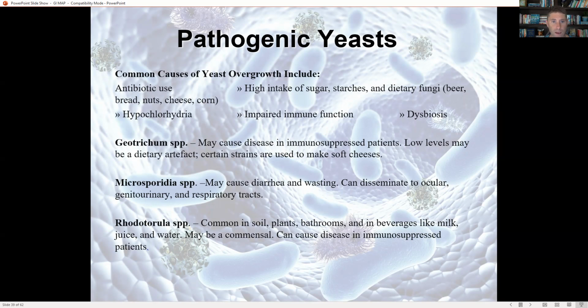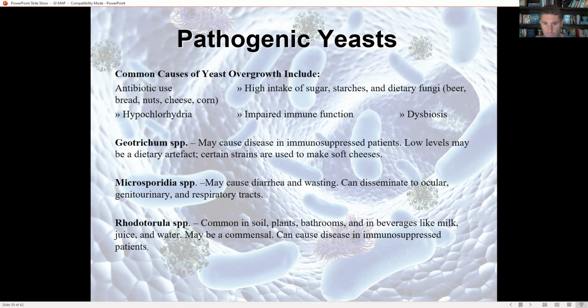Low level may be a dietary artifact. Certain strains are used to make soft cheeses. Microsporidia may cause diarrhea and wasting, and can disseminate to ocular, genitourinary, and respiratory tracts. I haven't seen the Microsporidia or the Rhodotorula, but I have seen Geotrichum elevated on some people.